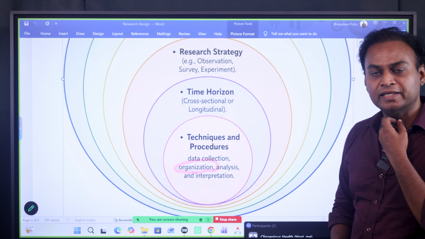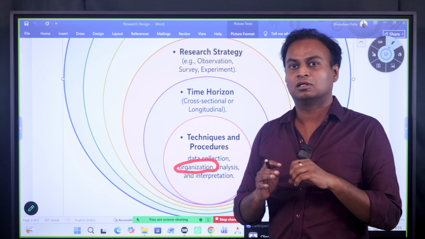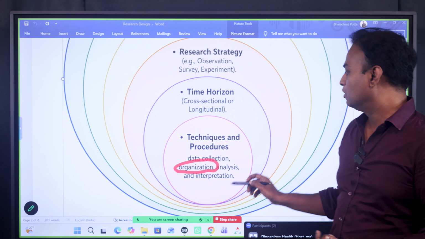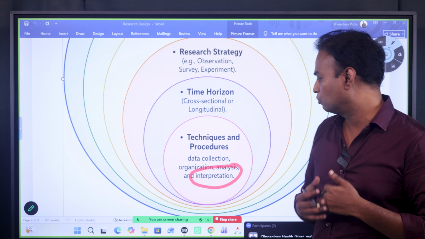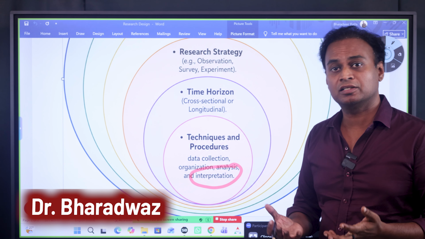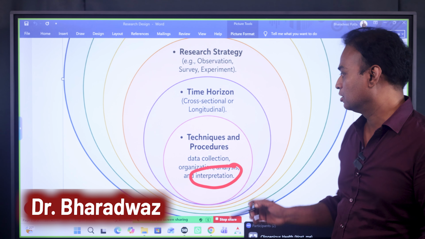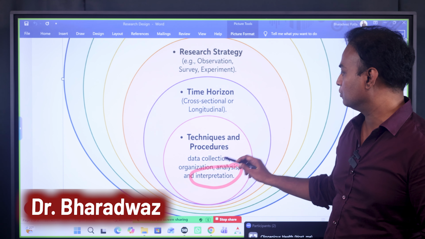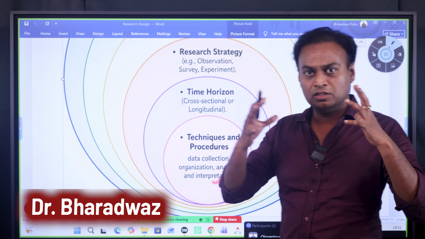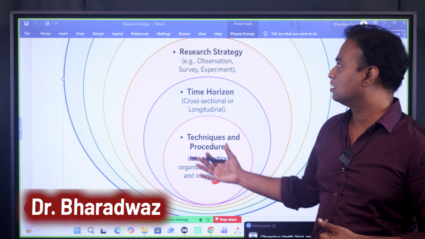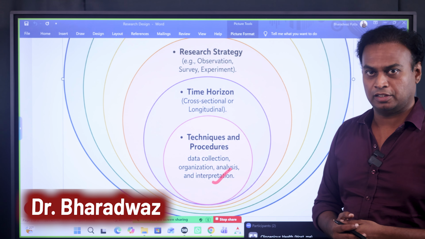Do you want to tabulate the data, or represent it in graphical form? Or interpretation: you want to conclude that the null hypothesis is either rejected, or you fail to reject it. So all the techniques related to data collection, organization, analysis and interpretation come in the innermost layer. This is about research design. Thank you.